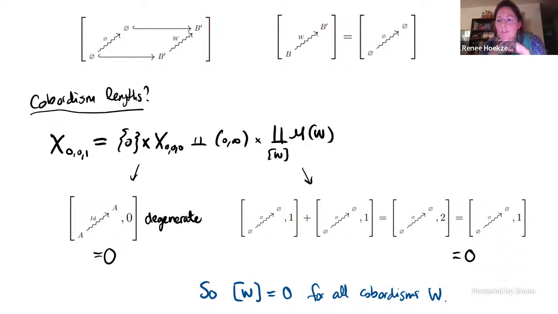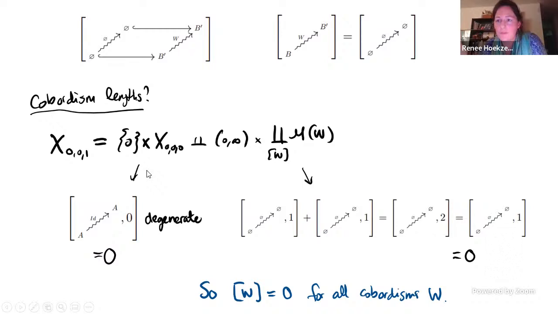Okay, so I've not been telling you what lengths the cobordisms had. All of our cobordisms had a certain length, and my SK embeddings were supposed to preserve that length. Just to remind you, I had this disjoint component that was the objects or the degeneracy maps.